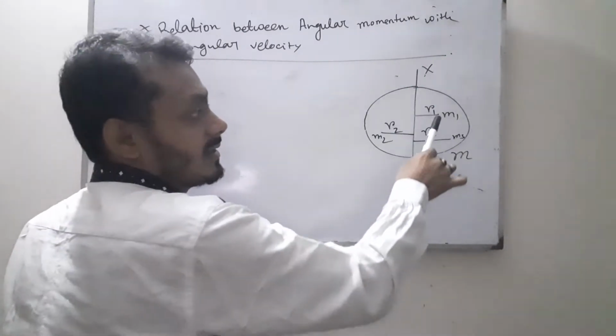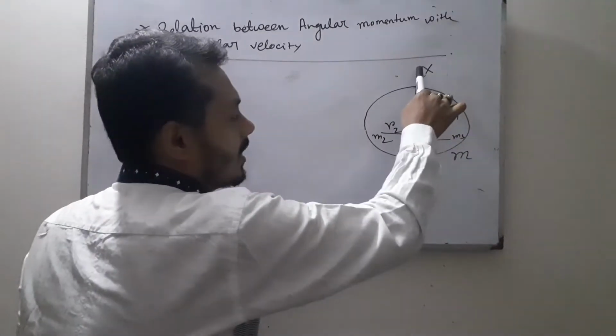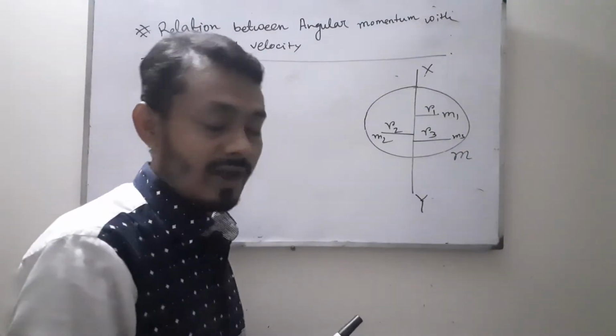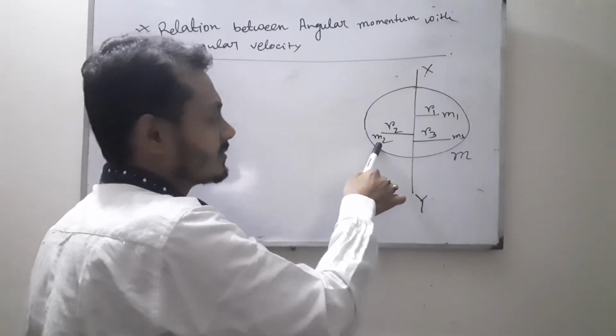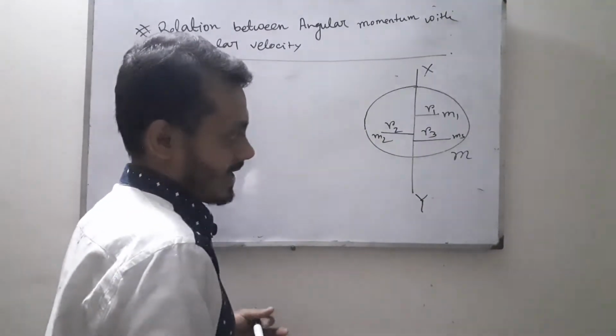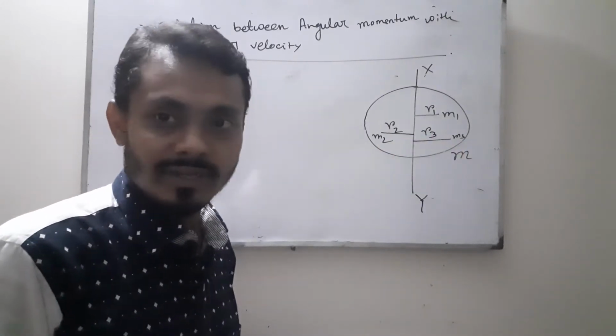We consider the particle m1 rotates at a distance r1, the m2 distance is r2, and finally r3 is the distance of m3.